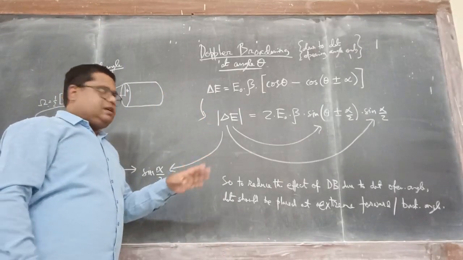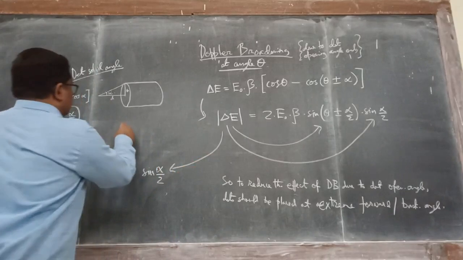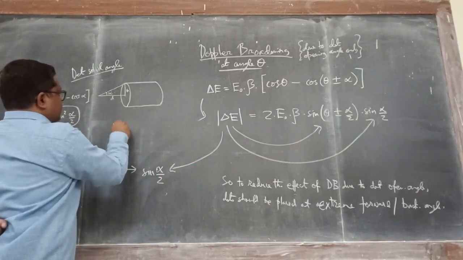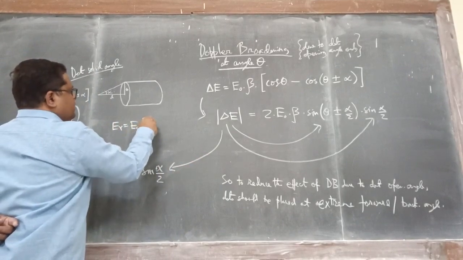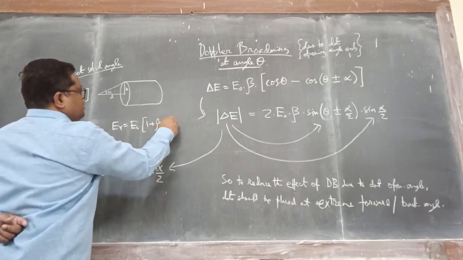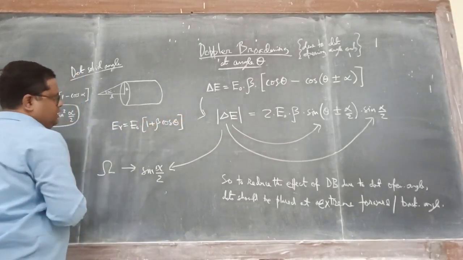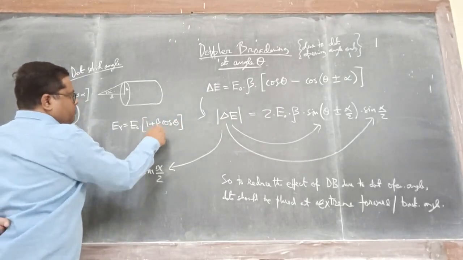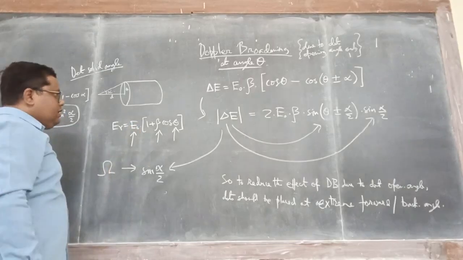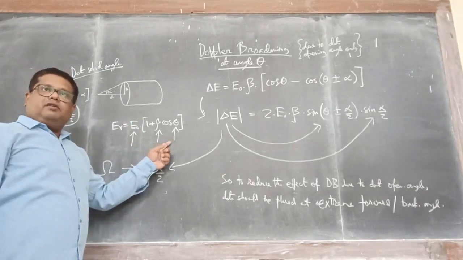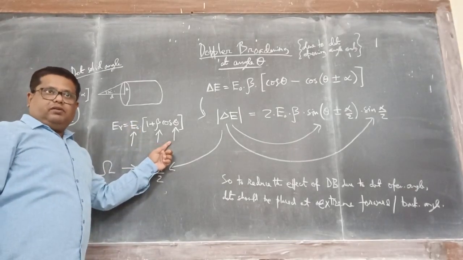There are other factors as well. Remember the expression for Doppler broadening is E gamma equal to E0 into 1 plus beta cos theta. How many factors are there? Here we have beta, here we have beta, and also E. So each of the variations can cause broadening.